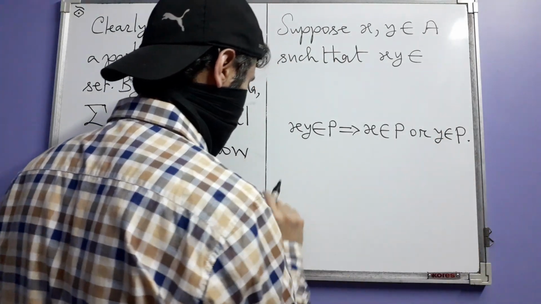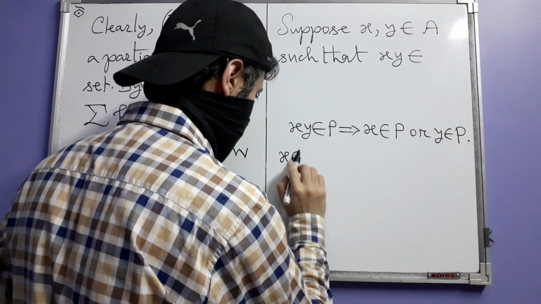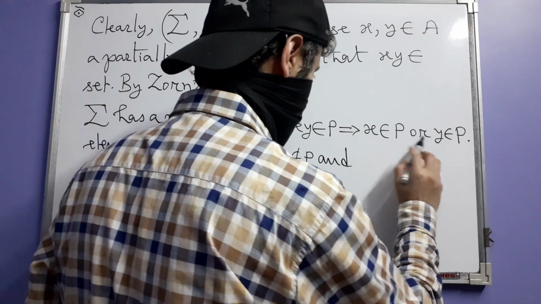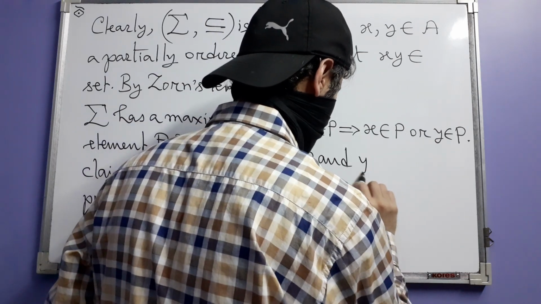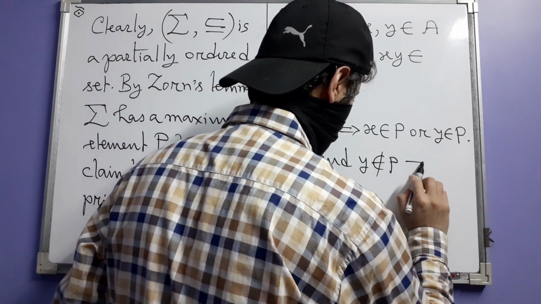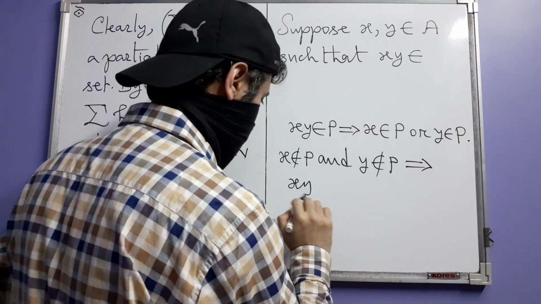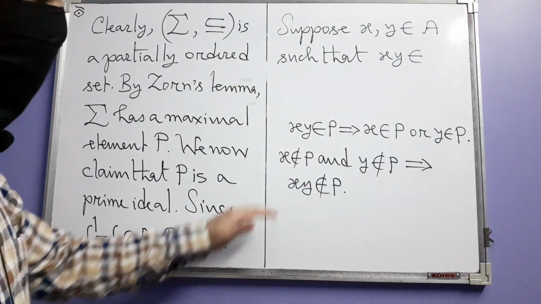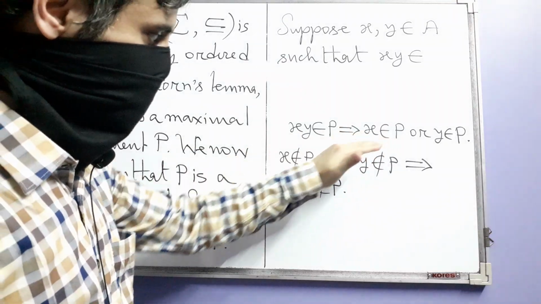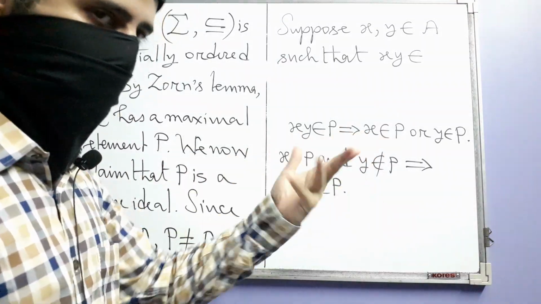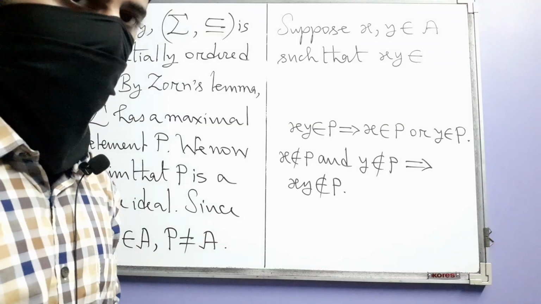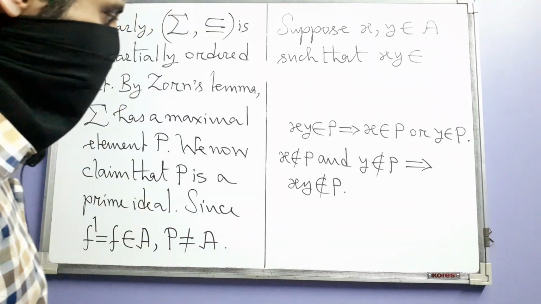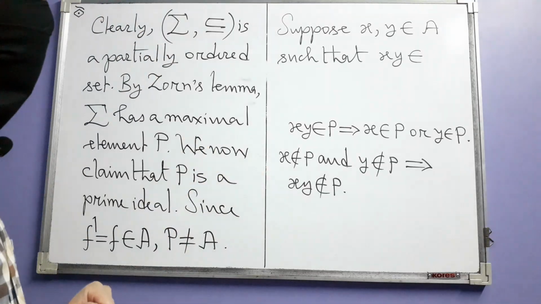Negation of this, that is, X does not belong to P and, because I am taking negation, now becomes and, Y does not belong to P implies XY does not belong to P. So if instead of showing this, if I show this, then also it's the same as showing that, because an implication and its contrapositive are logically equivalent. And this is what we are going to show.